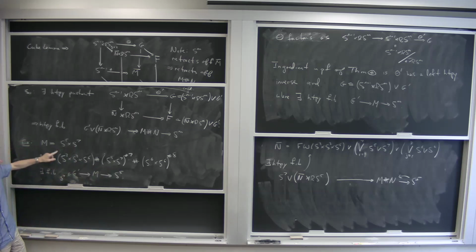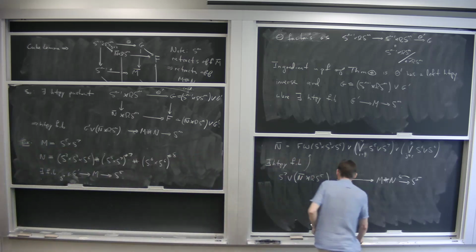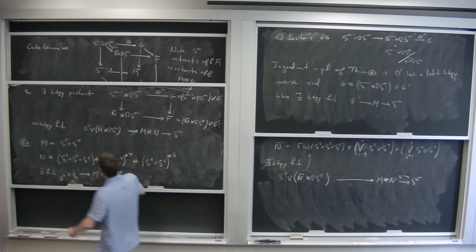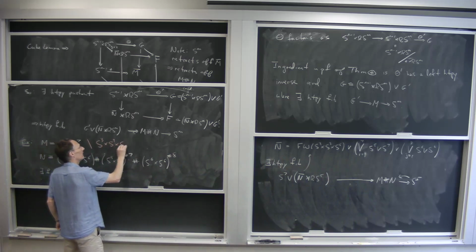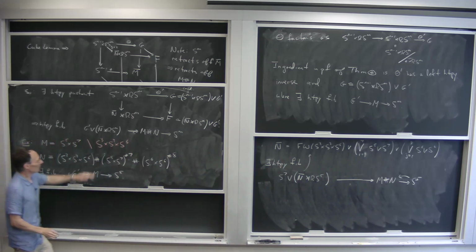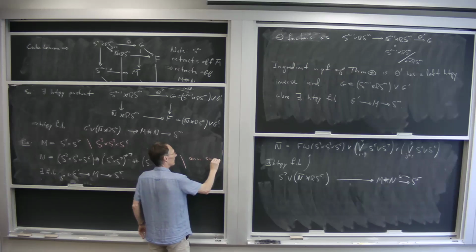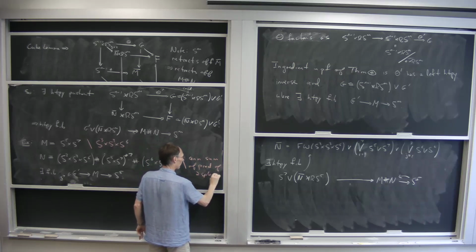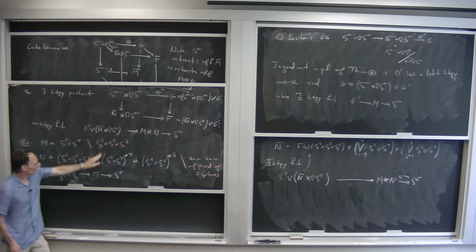If I were to choose M, the S3 cross S3 cross S6, and the N to be connected sum of products of 2 spheres, this fiber, well, I'd have to pick the S3.